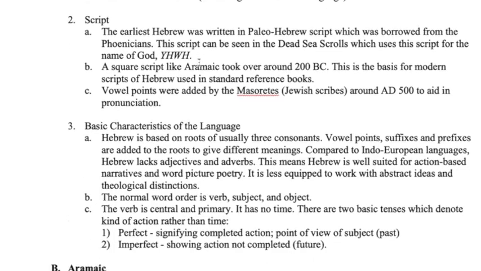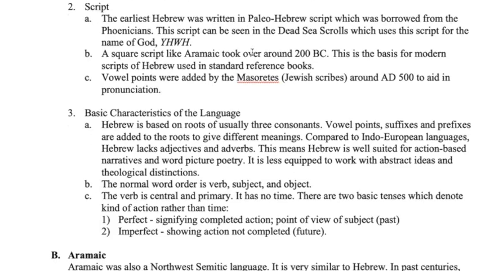So the script of Hebrew, what we would call the actual alphabet, the letters: the earliest Hebrew was written in what's called Paleo-Hebrew script, and it's a little bit curved. It's kind of hard to see or to understand. And this is what the Dead Sea Scrolls were written in.